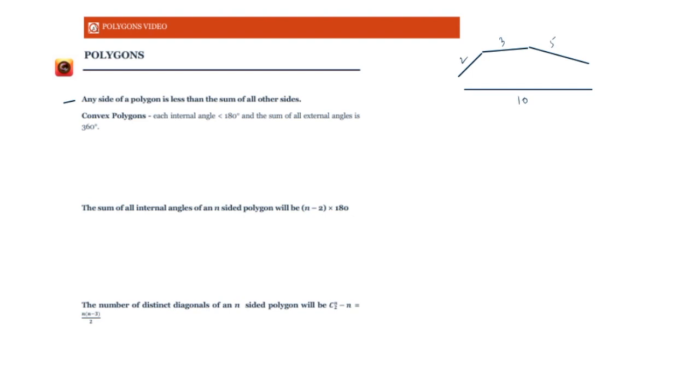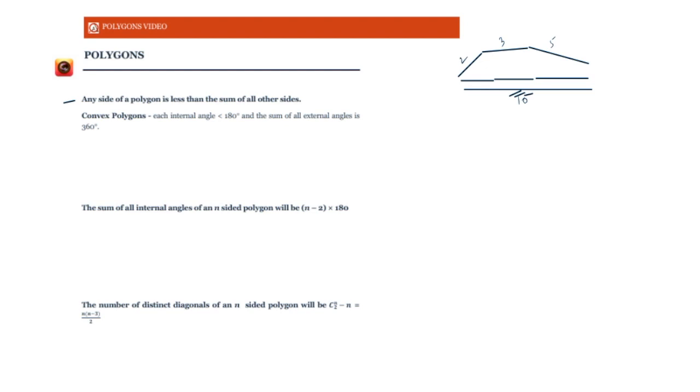Now if I want to make a polygon with these 4 sides, think about it. Even if I straighten out the 2, the 3, and the 5 all in a line, I'll be able to make it equal to 10, right? But I can't make a polygon like this. I can't join these 4 sides to make a polygon. This side must be smaller than 10.